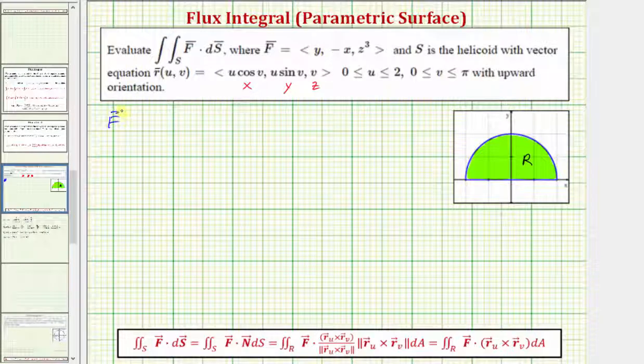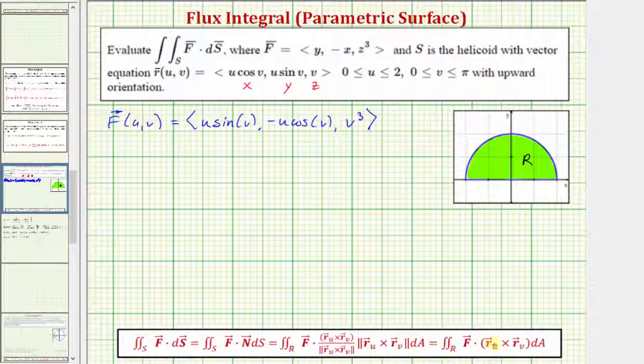So the vector field F(u, v) has an x component that's equal to y, so the x component would be u sine v. The y component is negative x, and therefore the y component is going to be negative u cosine v. And the z component is z cubed, which would be v cubed.